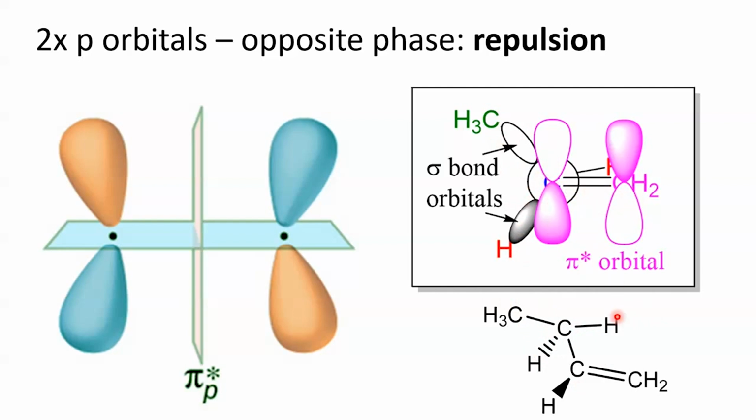The reason that they adopt that staggered configuration in relation to the double bond before them is that when the double bond is anti-bonding, the p orbital lobes actually overlap with the sigma bonds behind them. And that additional delocalization locks these three groups in a staggered conformation, like so.